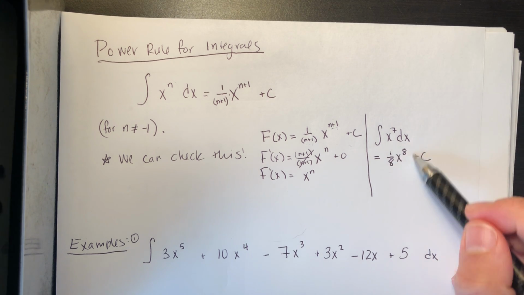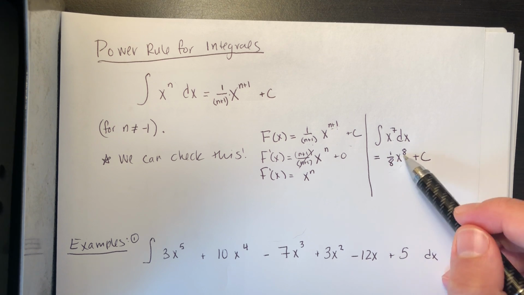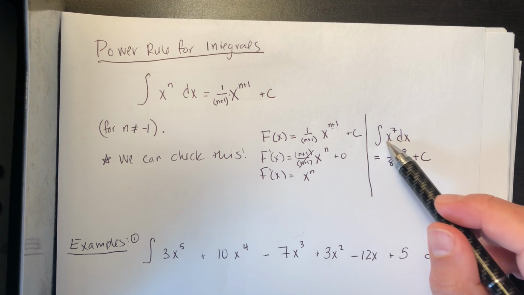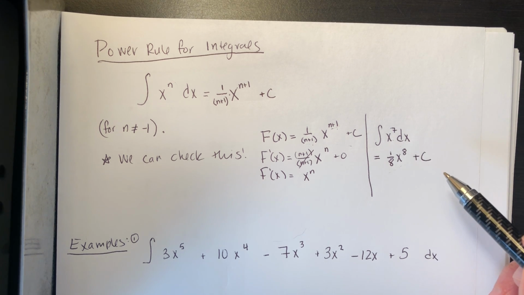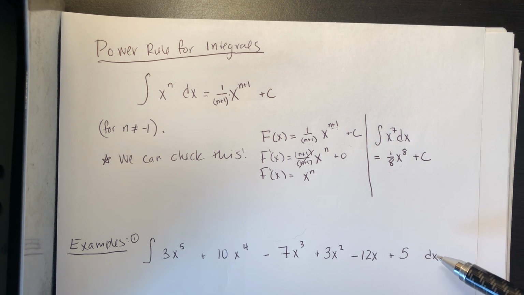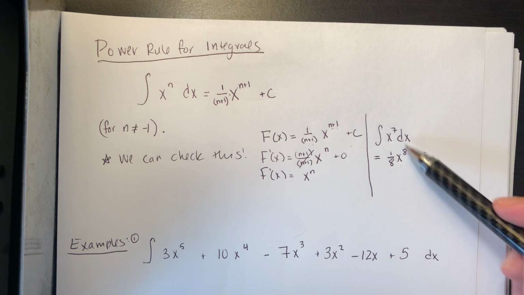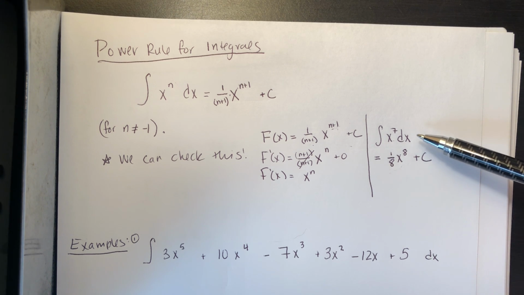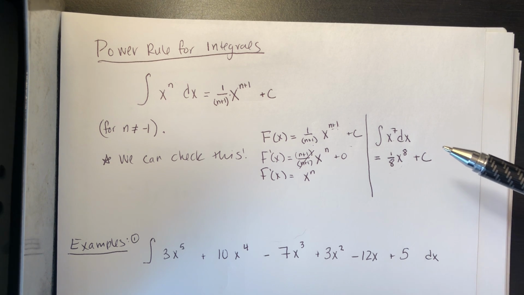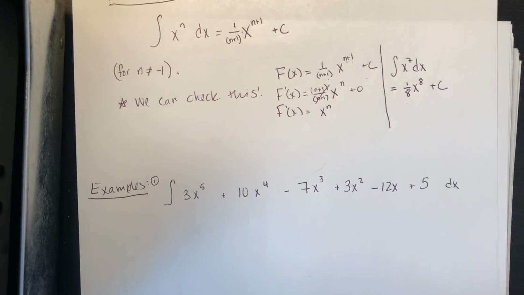And you can check that when you take the derivative of 1/8 x to the 8th power, you multiply 1/8 times 8. That's just going to give you a coefficient of 1, and then you subtract 1 from the exponent to give you that x to the 7th. Derivative of c is always 0. So this works out as well. So the power rule for integrals is really just showing you how to go backwards from the power rule for derivatives. So let's try to use that here with some more examples.